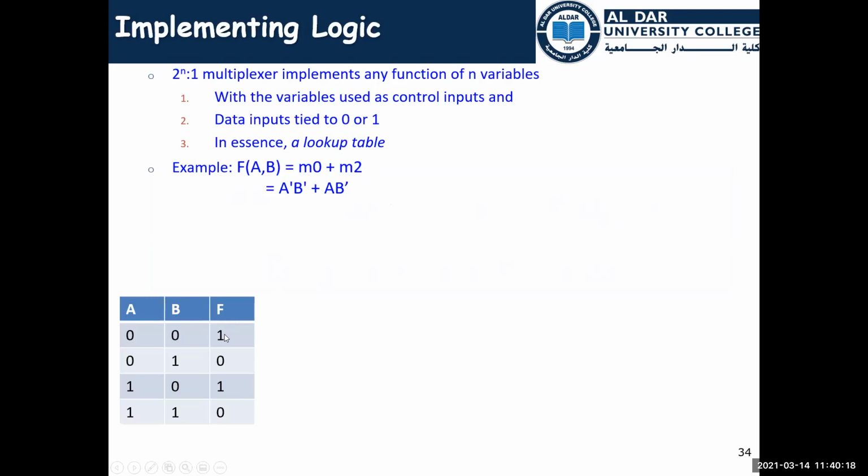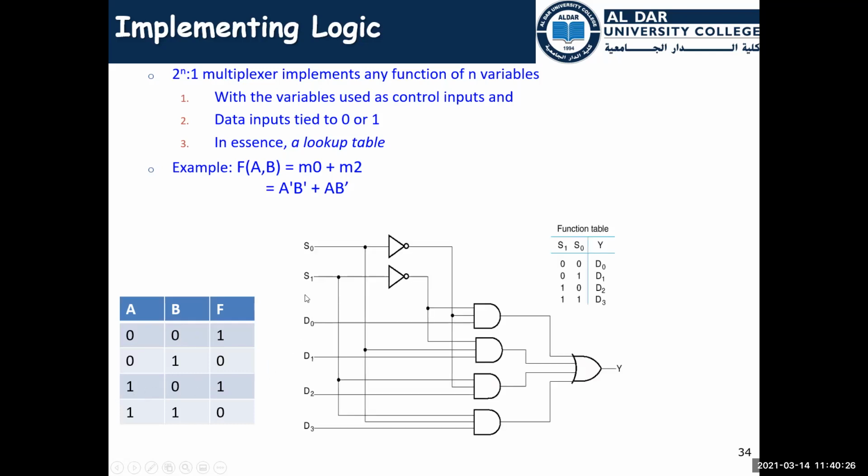And the function will be here. So this is a complement, b complement, and this is a b complement. This is the function representation. And I want to select the output y to be the two minterms here, the a dash b dash, and a b dash.